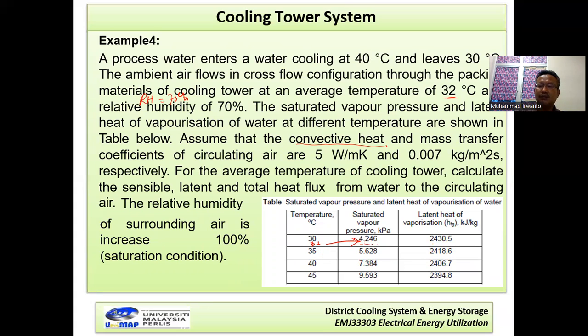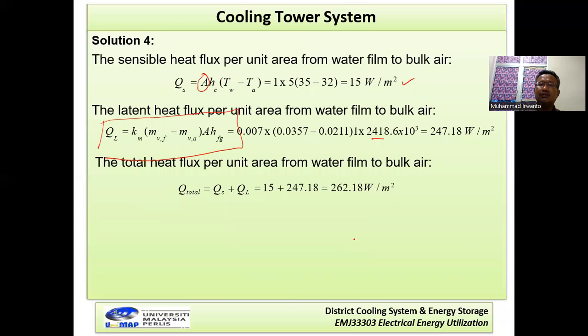Now the total heat can be calculated using this formula: the total heat is the summation of the sensible heat plus the latent heat. So 15 plus 247.18, we obtain a total heat of 262.18 watt per meter squared.